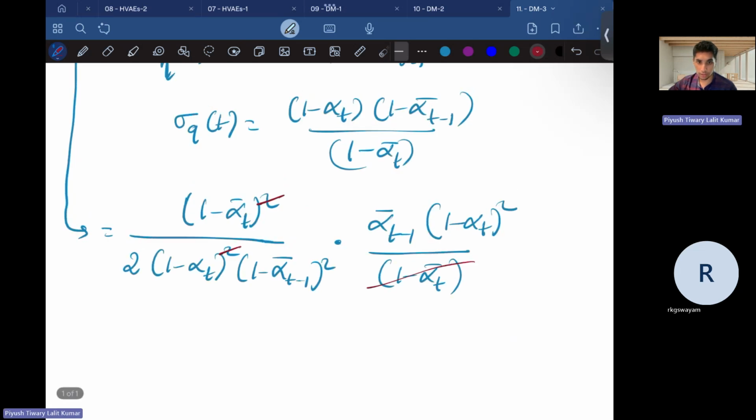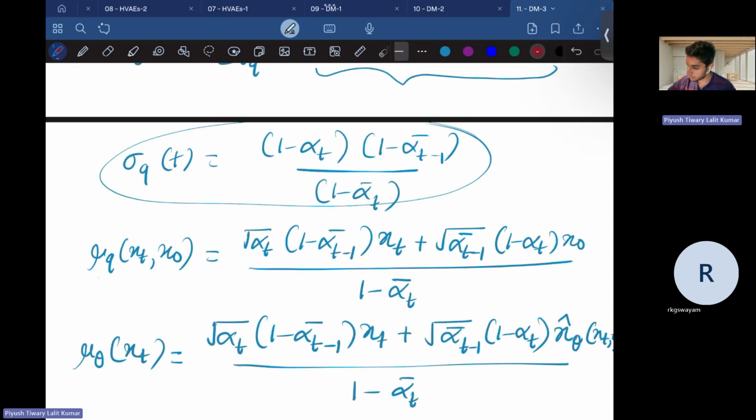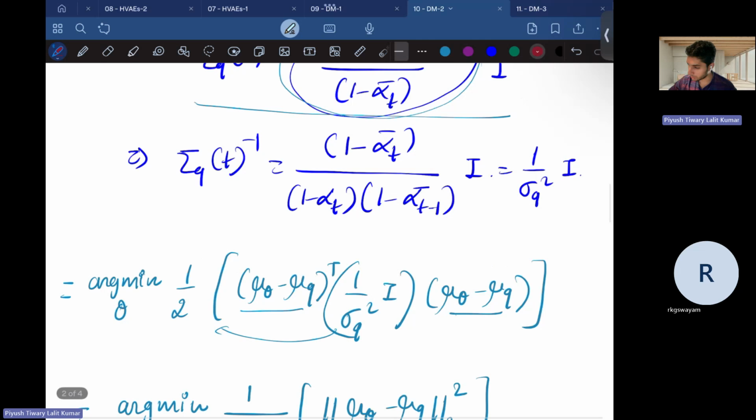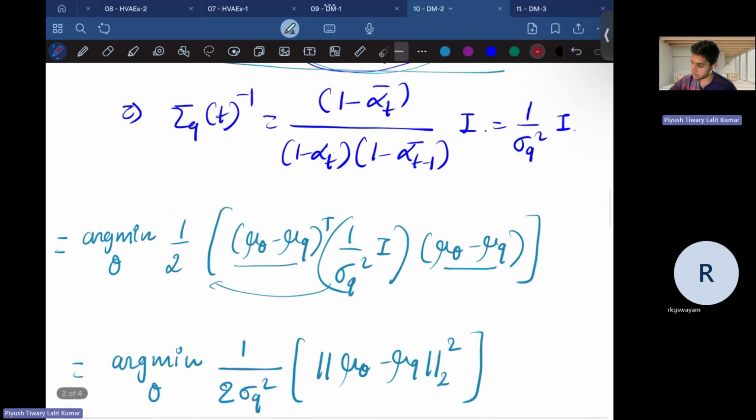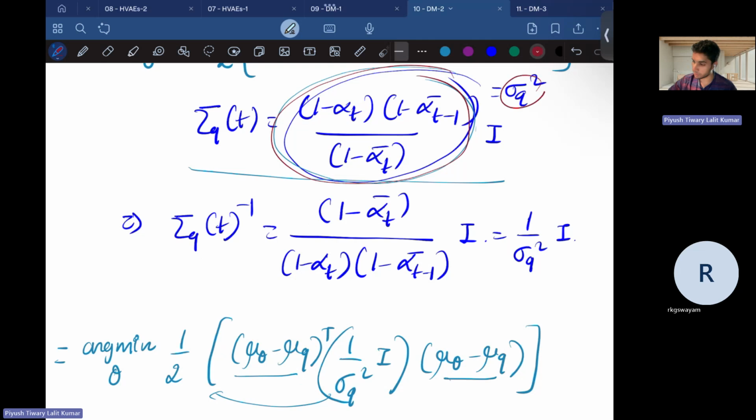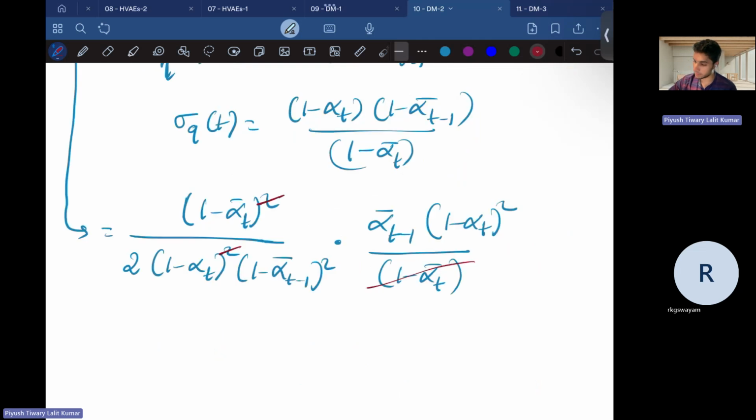Oh wait, I think I made a mistake. This was already sigma q square, right? So this thing itself was sigma q square. I missed that point.